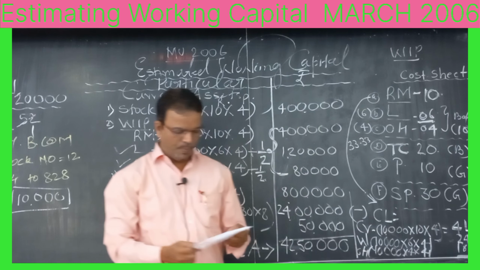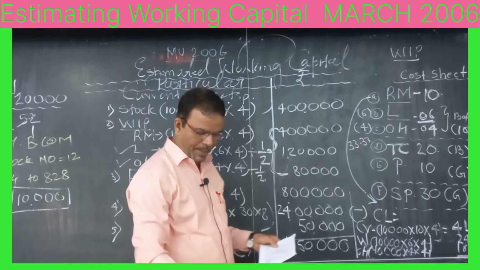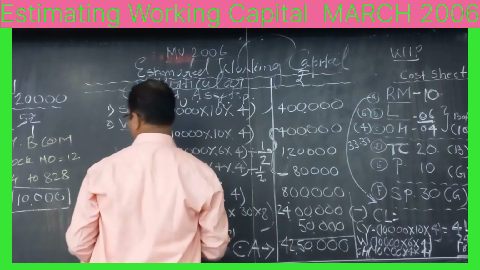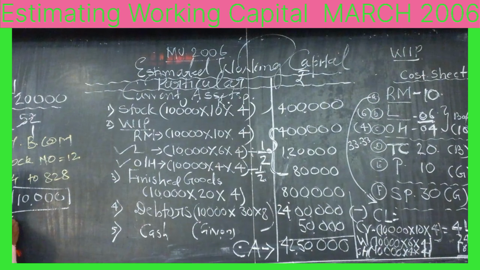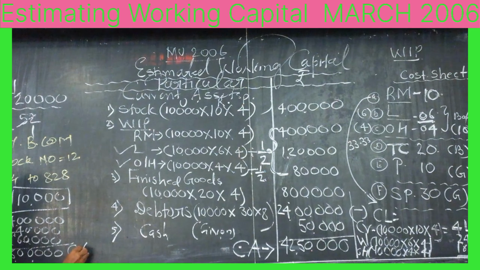So in this way, we got all the current liabilities. 4 lakhs plus 2,40,000 plus 1,60,000, total 8 lakhs. This is our current liability.